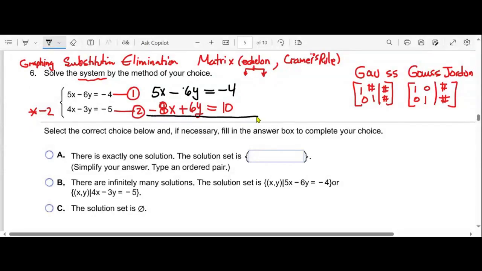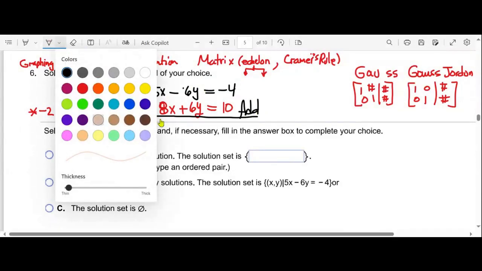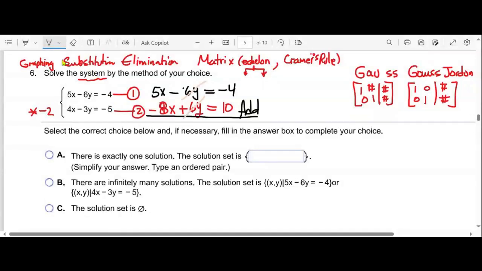Now, why do I choose elimination? Minus 6y plus 6y, we're going to add. So this one and this one cancel. So what's left? Negative 3x equals what? Minus 6. Right. Now let's continue here.